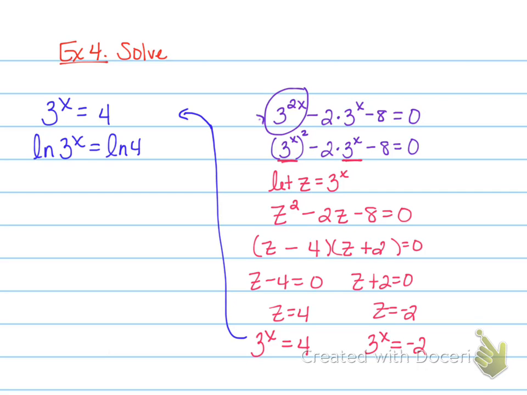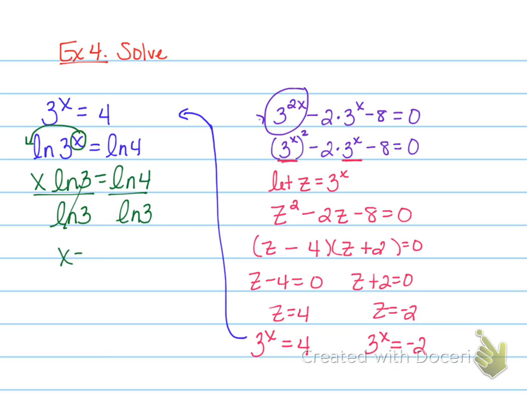Step 3 is to apply the power rule. And step 4 is to solve for x, so we're going to divide by the natural log of 3. And so x is equal to the natural log of 4 divided by the natural log of 3, which is approximately 1.262.